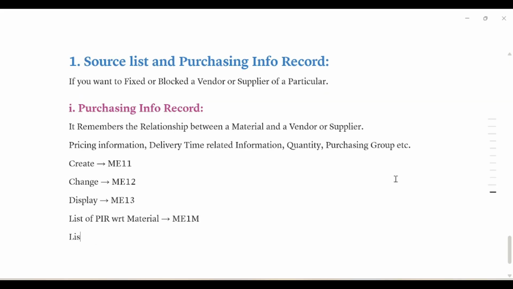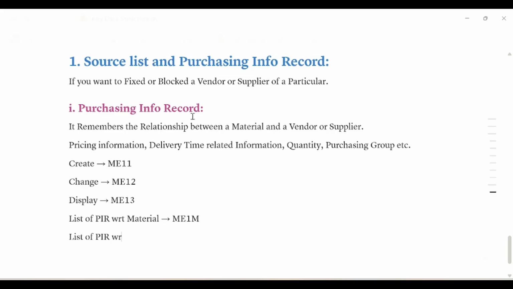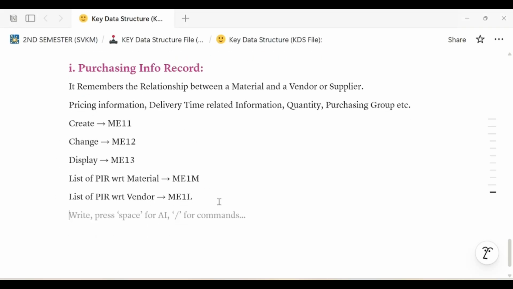Similarly, to see the list of purchasing info records with respect to vendor or supplier, use ME1L. These are the T codes we use.